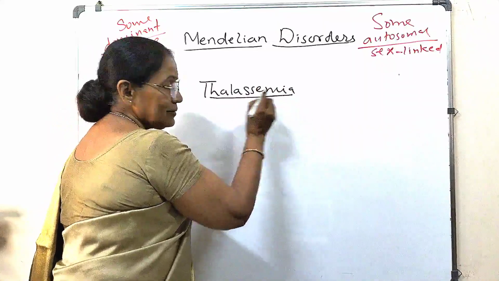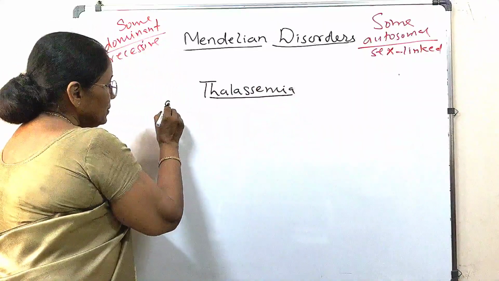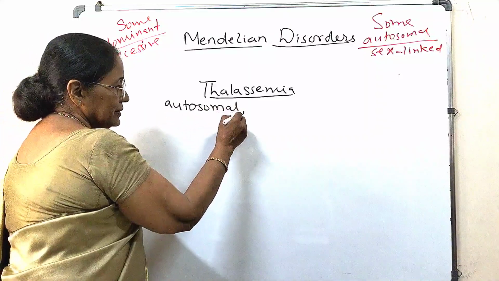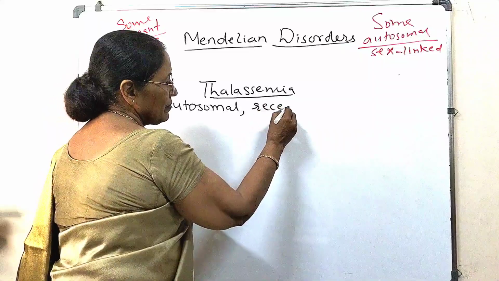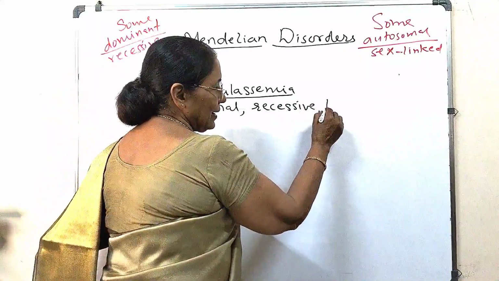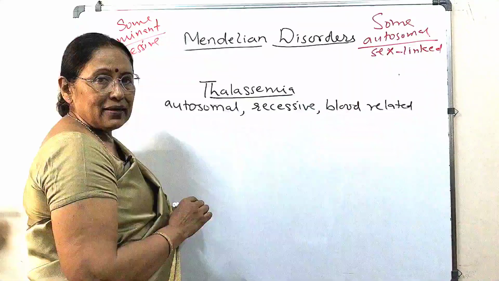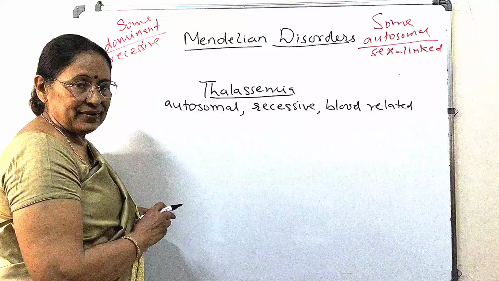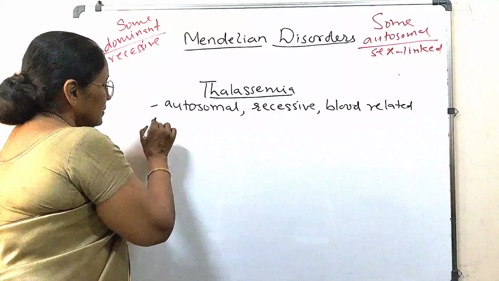Thalassemia, students, this is an autosomal recessive and blood related disease like your sickle cell anemia, and also related to hemoglobin, but there is a difference that we will see.